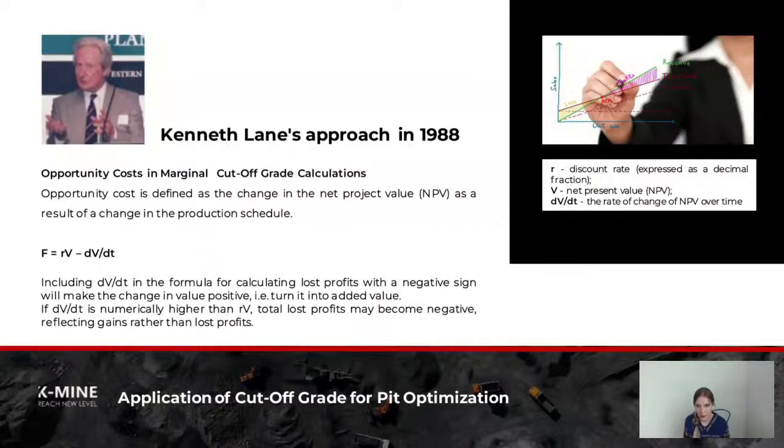limited productivity. And Lane was the first one to demonstrate the importance of opportunity costs when you estimate cutoff grade. Some researchers of cutoff grade actually believe that opportunity costs should be taken into account only in the case when there are performance limitations for at least one of the technological stages. And if that's not the case, then opportunity costs should not be considered at all.